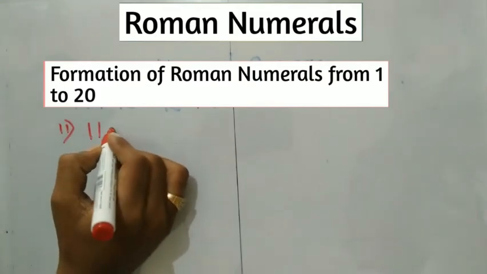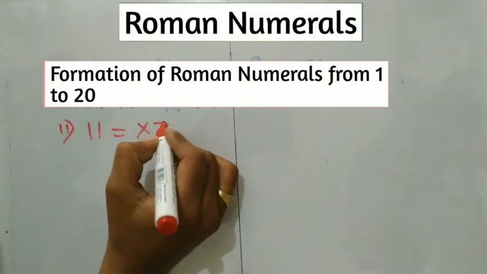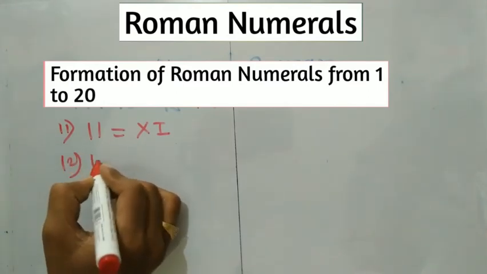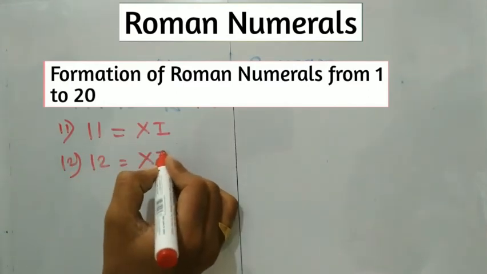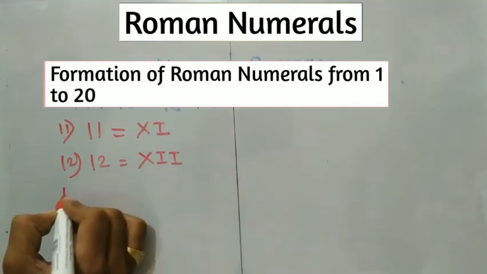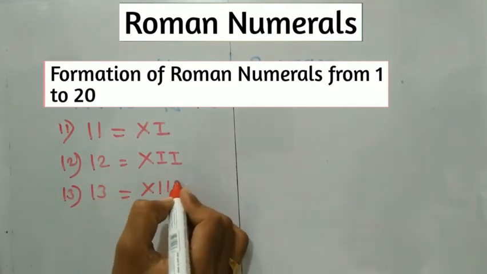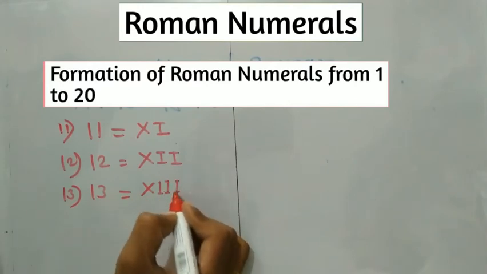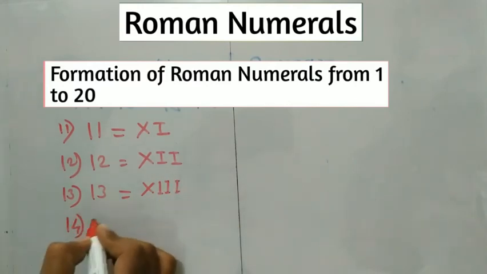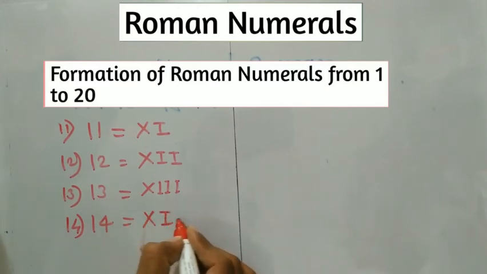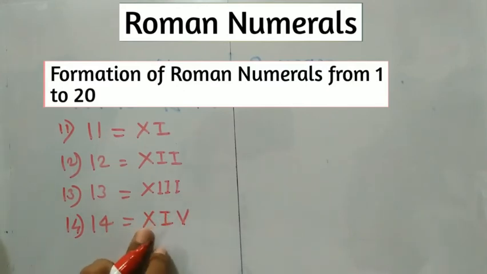For 11, we will write X and I in this manner. If you want to write 12, then X double I. If you want to write 13, X triple I. If you want to write 14, we will write X, I and V. X means 10 and IV means 4.